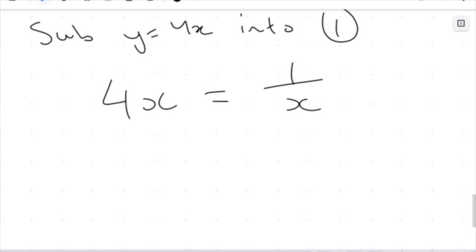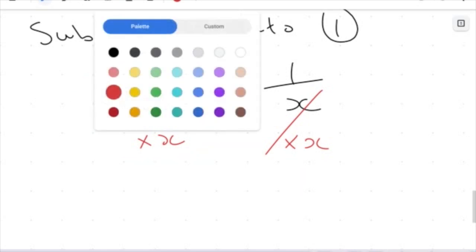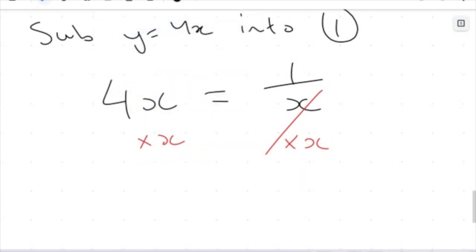So I have x's on both sides here. I want to group these together because these are like terms. So I'm going to do a very similar thing. I'm going to multiply both sides by the x here. That's going to cancel out this one over here and get all the x's together on the left hand side. So that's going to give me 4 times x times x. I can simplify that by writing 4x squared, and that equals 1.